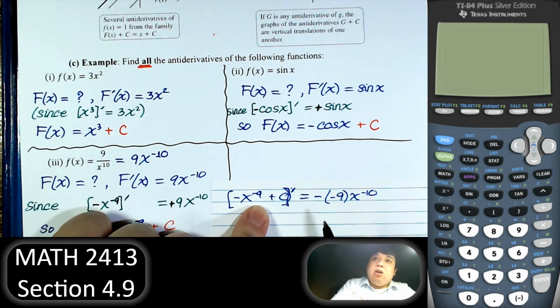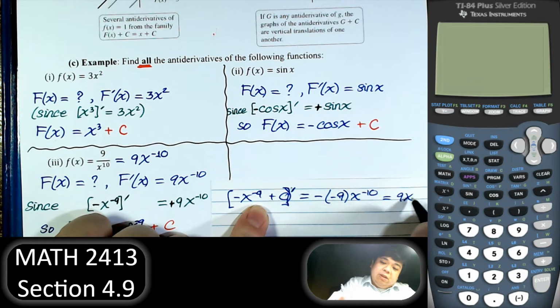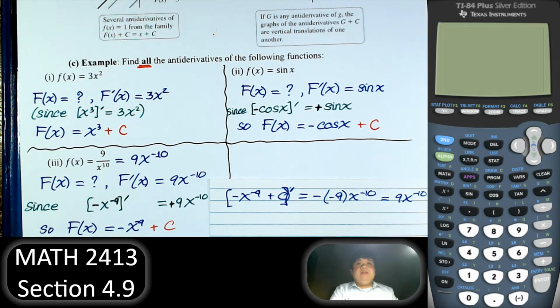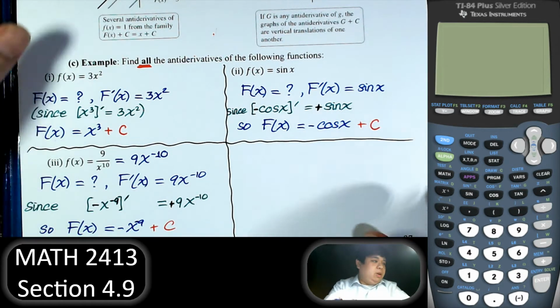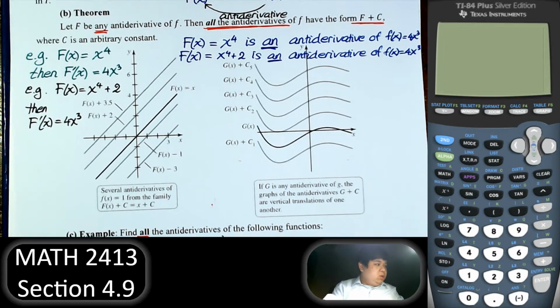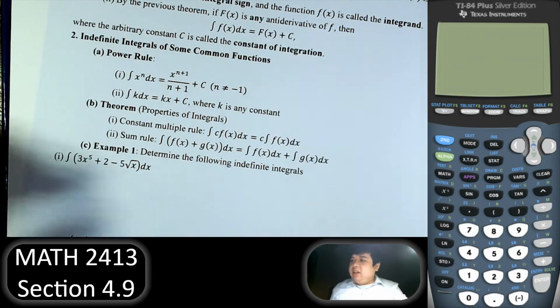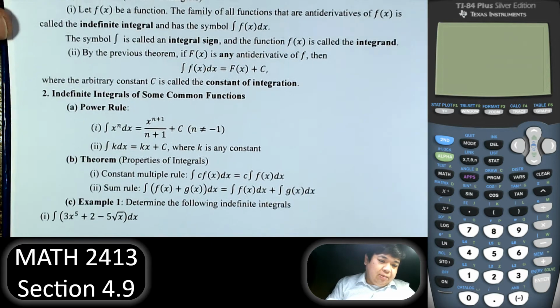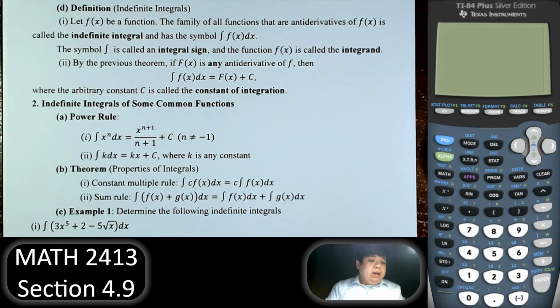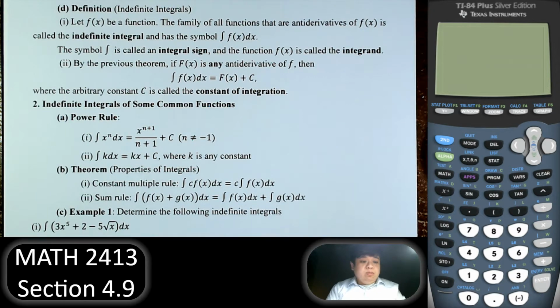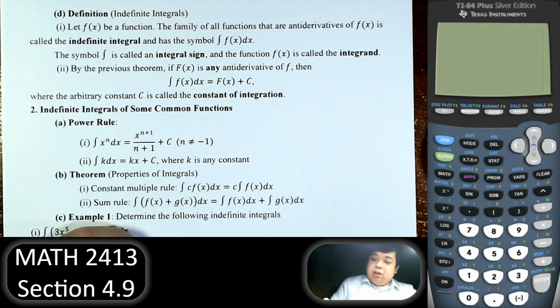The derivative of c is 0. Well, that gives us 9x to the negative 10. So, like I said, when we have the rules and follow them, it will be a lot easier than guessing here.